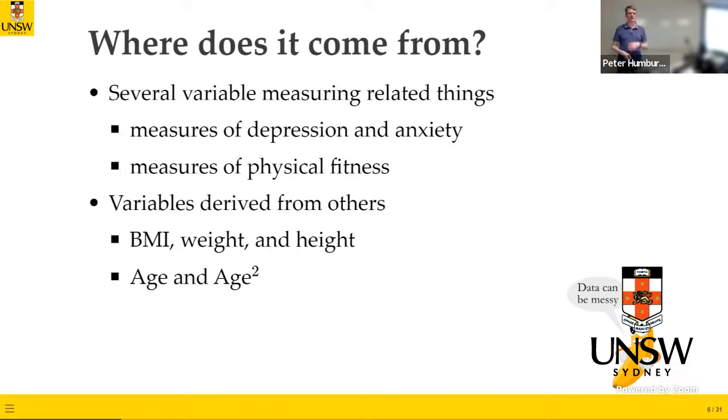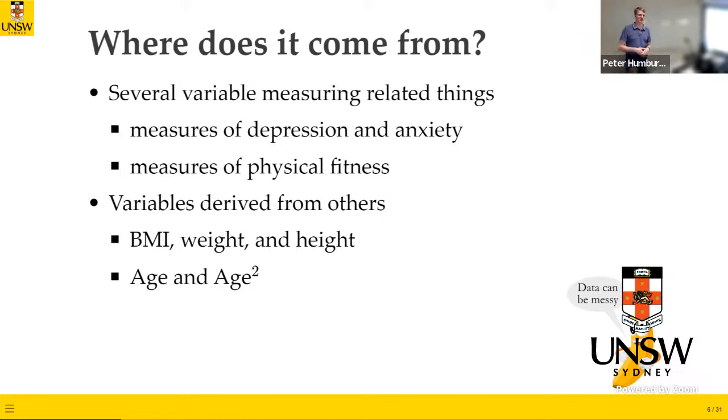But of course, age and age squared are correlated, right? They're based on the same data. And that might give you multicollinearity. And similar transformations of your data, if you're not careful and include all of them in your model, will cause trouble. Okay. So it can happen, right?